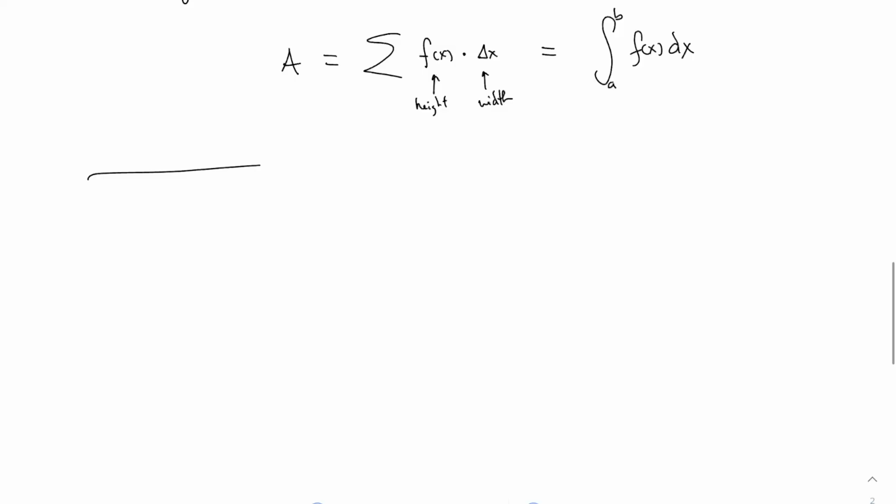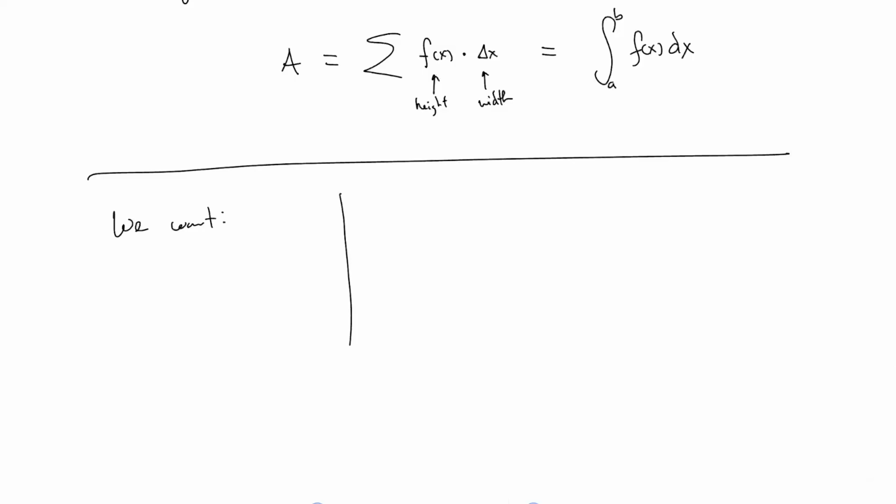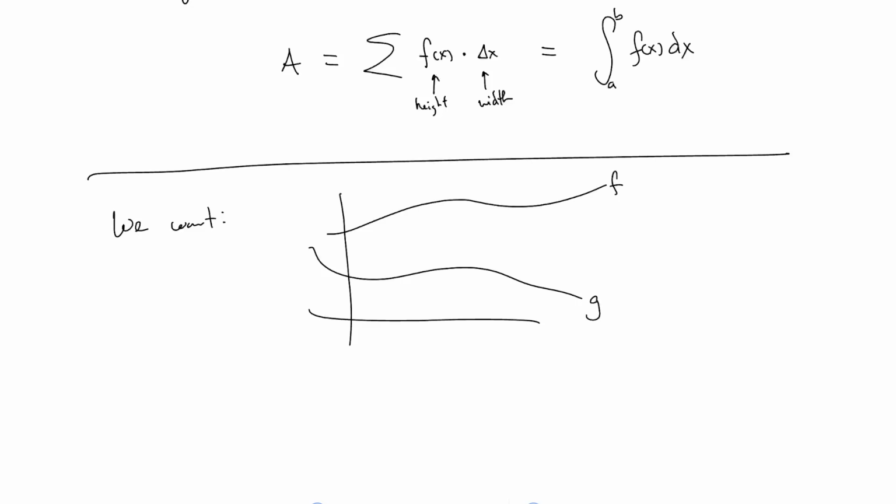So the idea is we want something like two different curves. Maybe here's f and here's g, and I have the area from a to b like this. This is what we call the area between curves, all right? This is probably what you thought it meant.